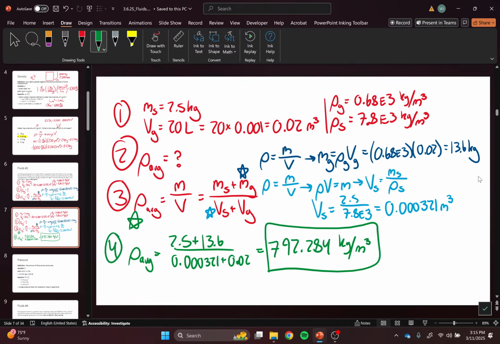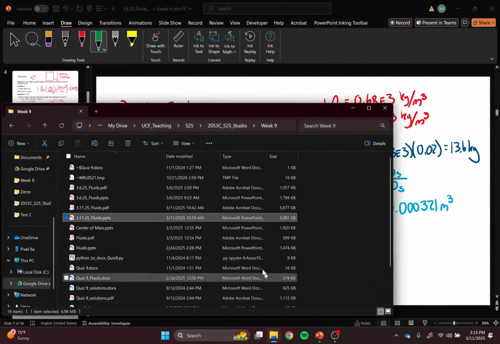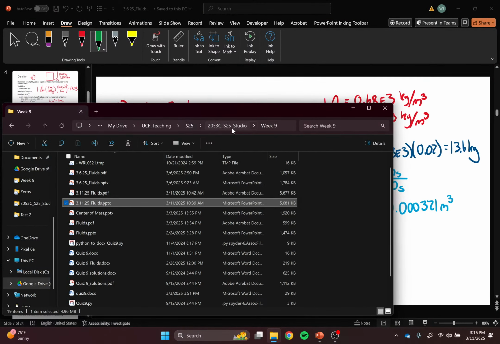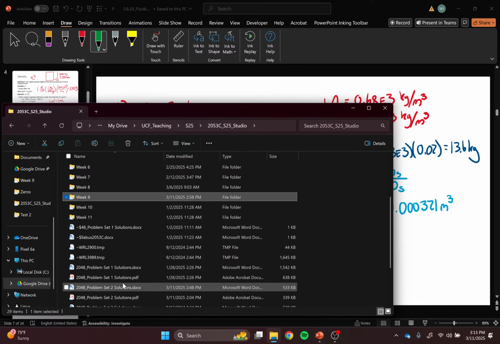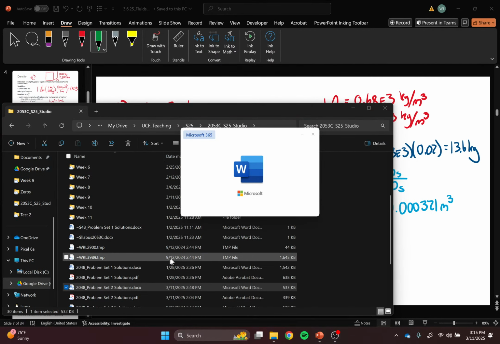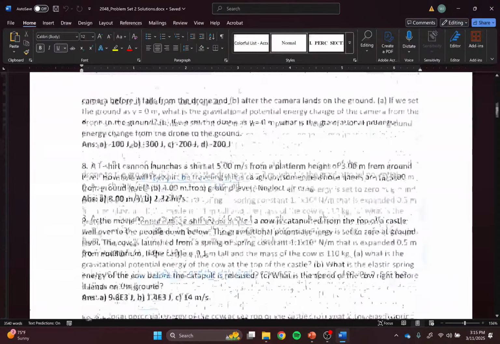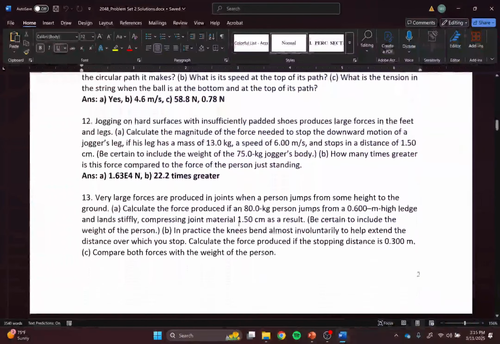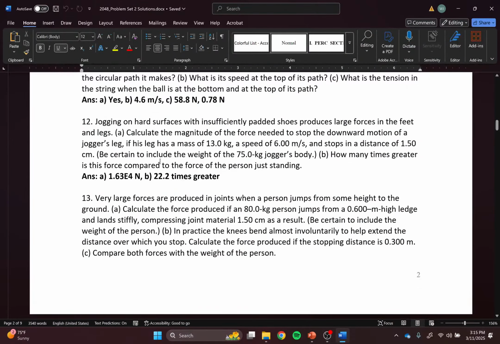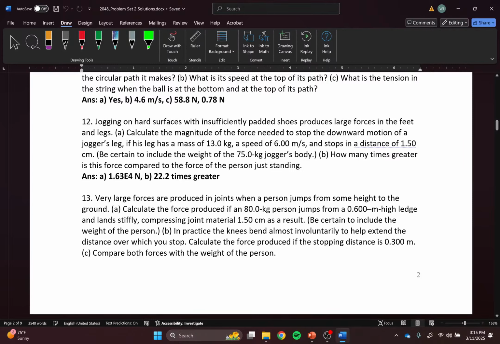So anyway, what I want to mention to you all, because I kept forgetting to do this: there's two problems in the problem set that you don't need to bother with when it comes to energy, because I think they're not worth it. If you already did them, awesome. But I think they result in more confusion than they're worth. It's 12 and 13 in energy. You do not need to worry about solving these ones.